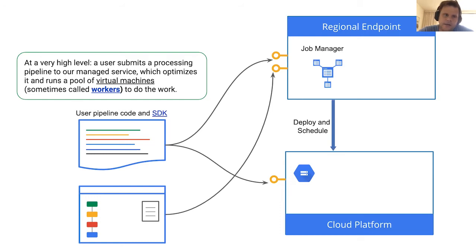The endpoint controls the job and also keeps some metadata about the job status and things like that. It also deploys that code into the actual infrastructure and provisions the infrastructure to run and execute your pipeline, right? So it provisions a bunch of workers or virtual machines to do the work.